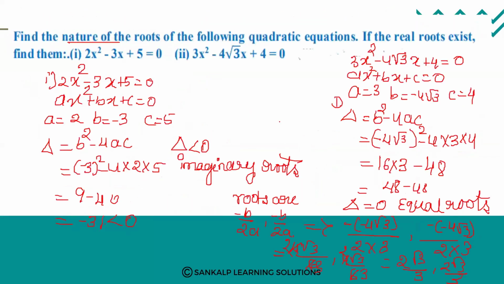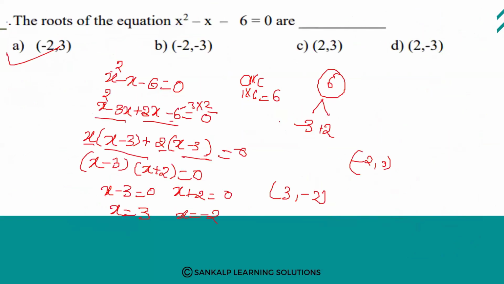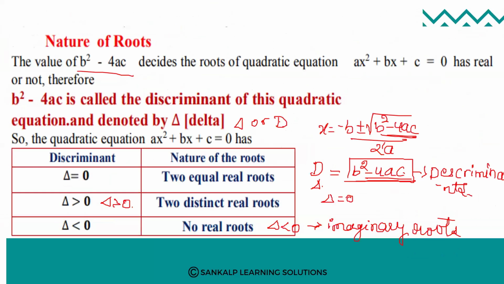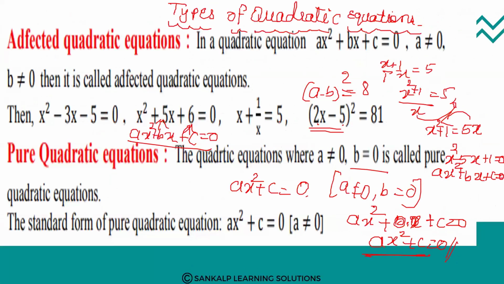Yes, my dear students, in the quadratic equations, what do you mean by quadratic equations? And types of quadratic equations: affected quadratic equation and pure quadratic equation. The general form is ax square plus bx plus c is equal to 0, and for pure quadratic equation, ax square plus c is equal to 0.